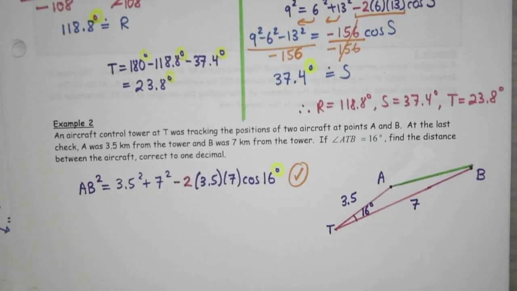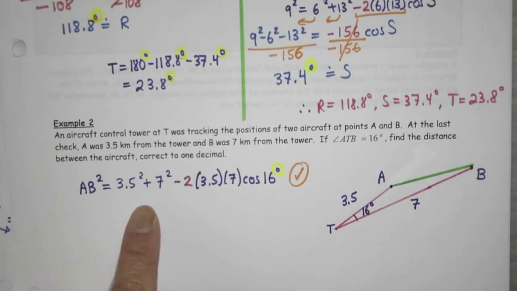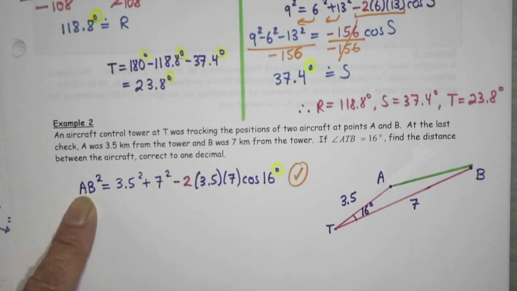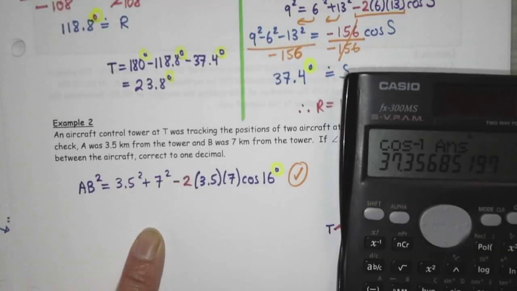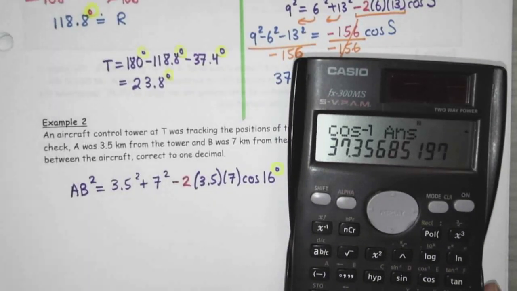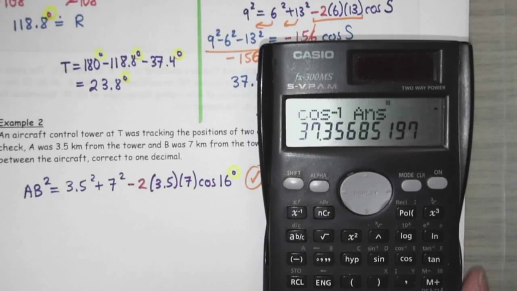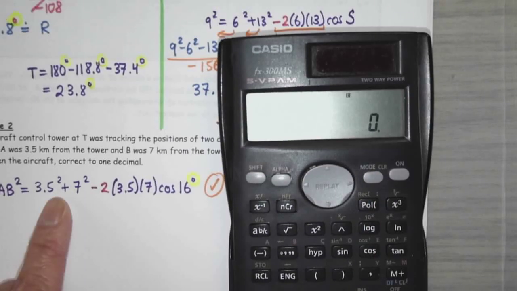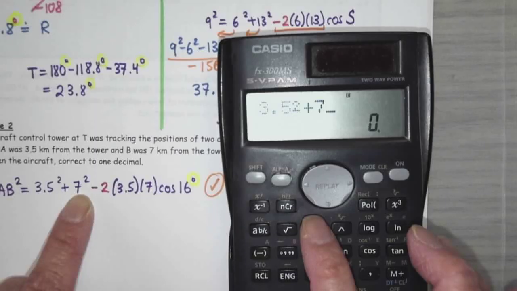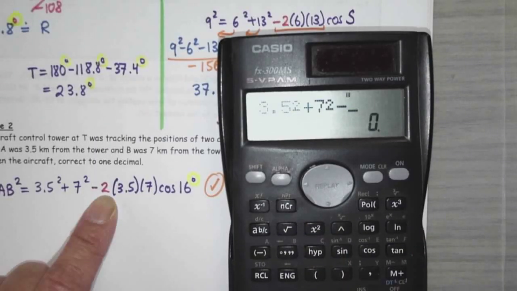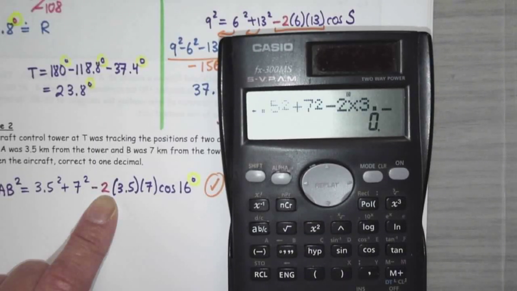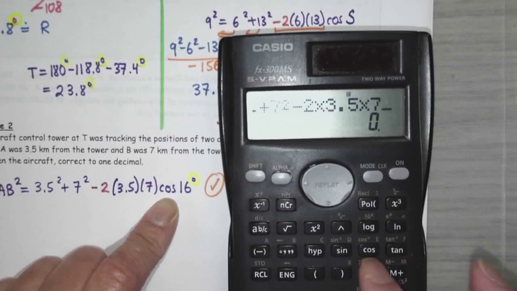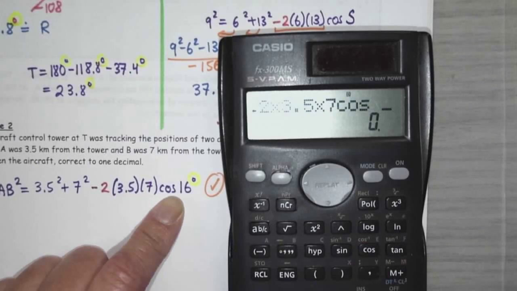So then no sine law, so we're on to this one. Okay. So over here, we're going to do cosine law. All I need is the formula, and then let's just punch the whole thing into your calculator without approximating once, right? And without having to copy out a big long number. So let's do 3.5 squared plus 7 squared minus 2 times 3.5 times 7, or you can do brackets, and then cos 16.